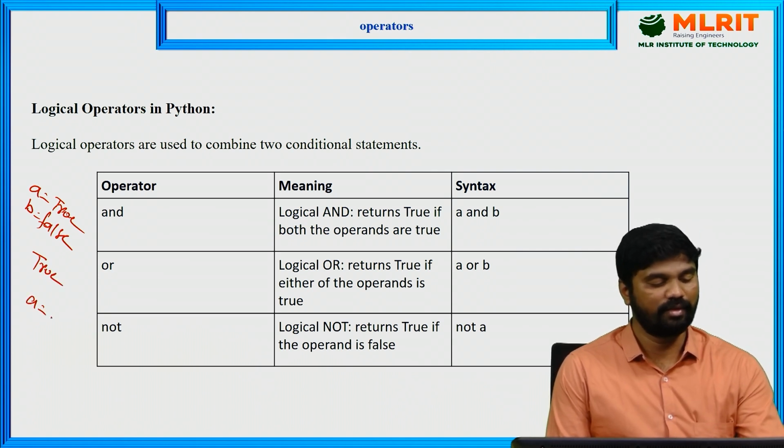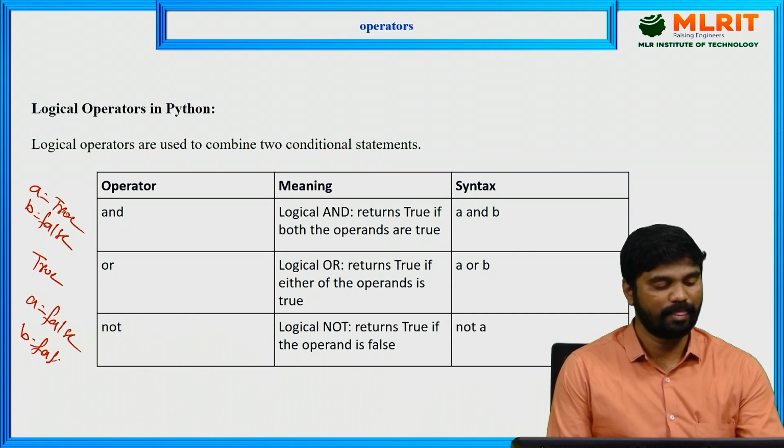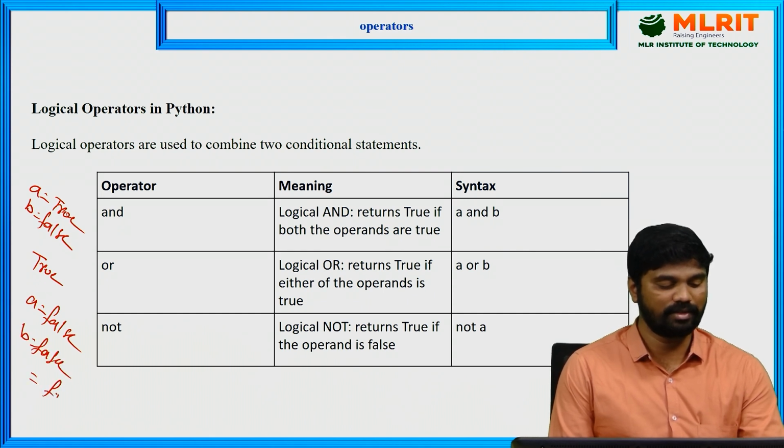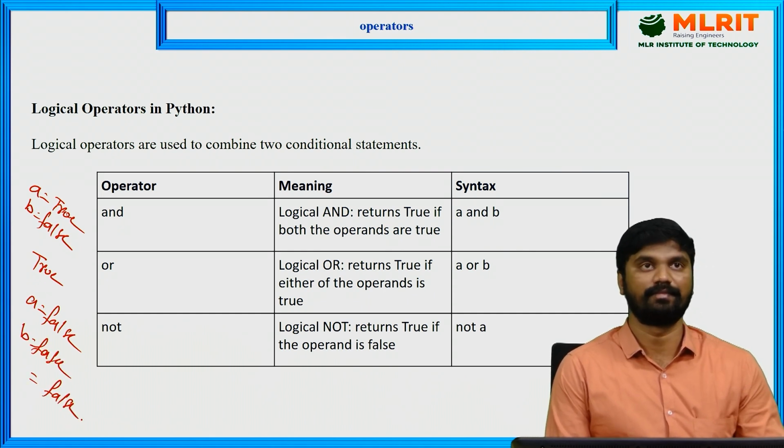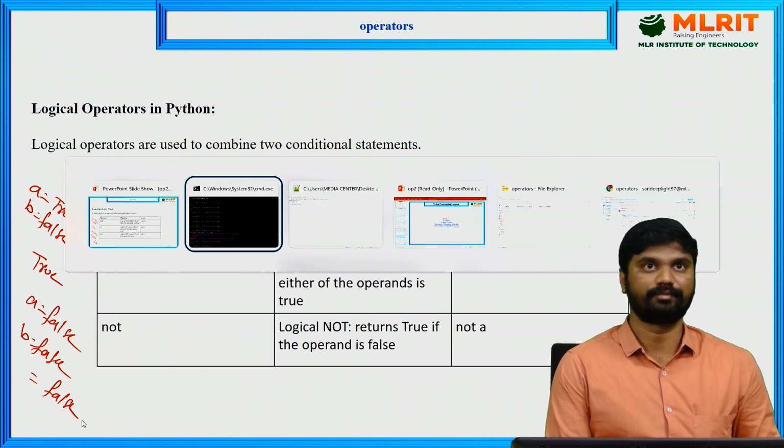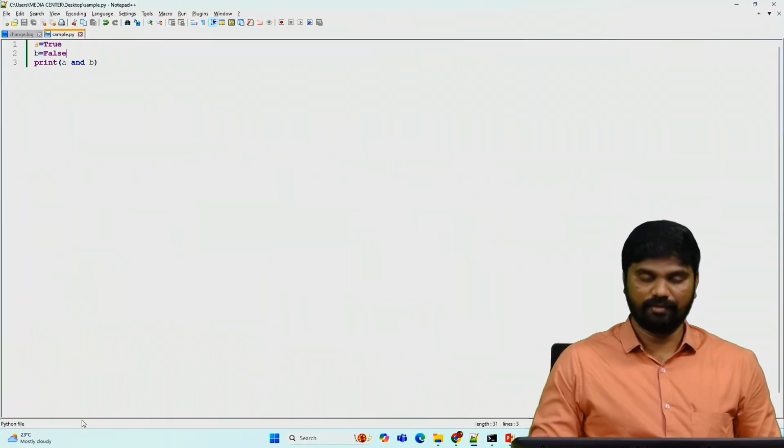If A is false and B is false, then it returns false.